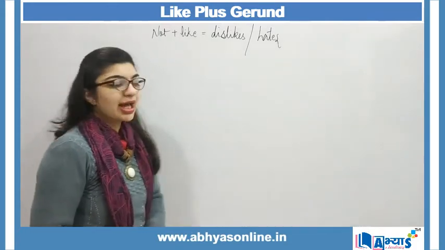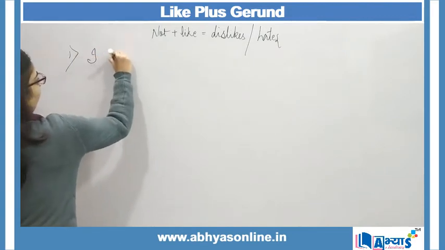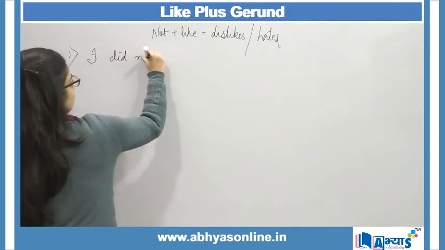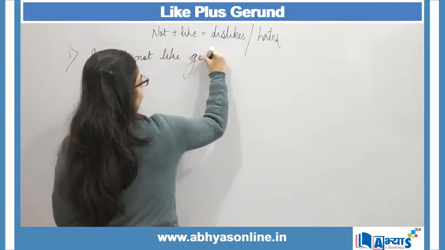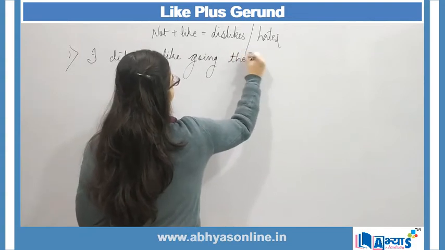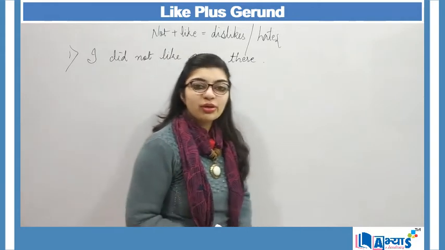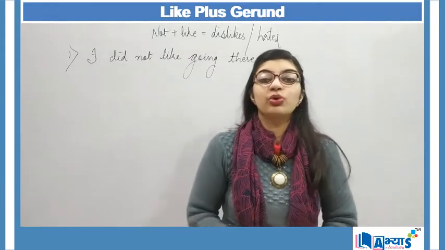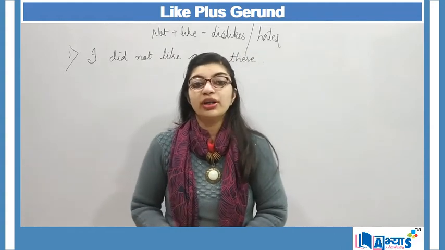An example of this can be: I did not like going there. Now here I am talking about not plus like. With not plus like, I can make use of do not like, does not like, or did not like.